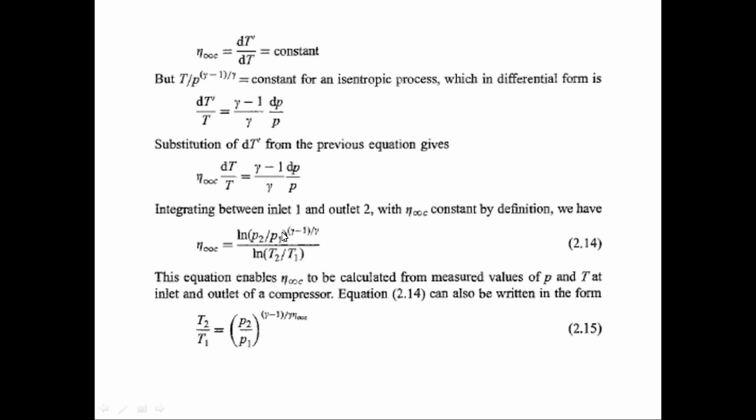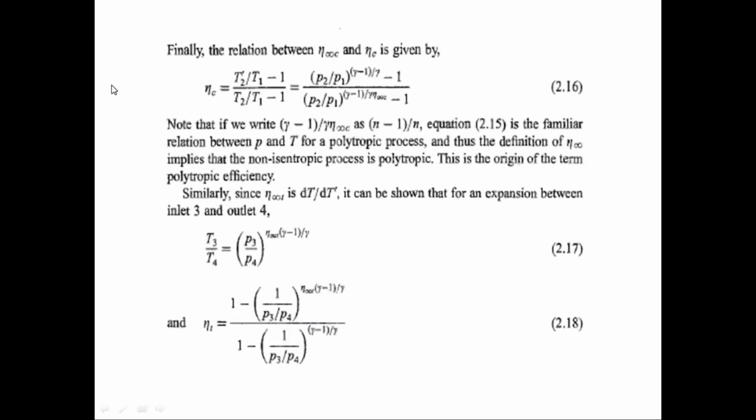So equation 2.14 can be written in such a way that we express T2 by T1 as P2 by P1 raised to power gamma minus 1 by gamma multiplied by the polytropic efficiency of the compressor. And finally, the relation between the isentropic efficiency of the compressor and the temperatures can be written as T2 dash minus T1 divided by T2 minus T1.